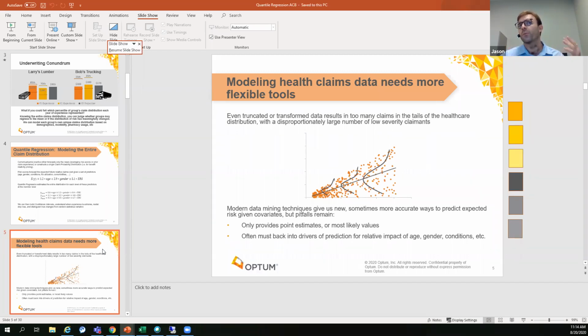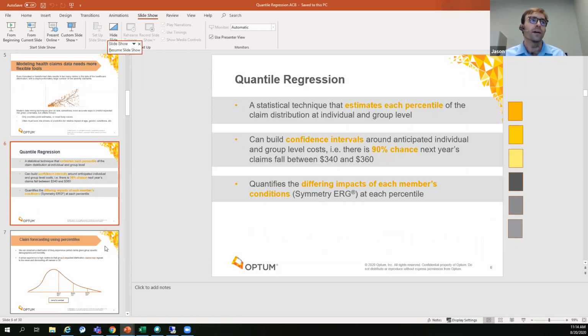You can do variable importance type rankings, but it's not as nice as a regression model where it tells you, okay, for each additional year of age, you expect this much additional claim risk, or for the presence of this condition, we think it's going to add 1.4 to your score or something like that. So there are gaps in terms of what we can get from these, and so that's why I think quantile regression is really the right way forward to understand true variability of future claims risk.